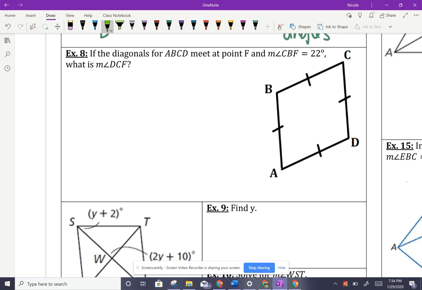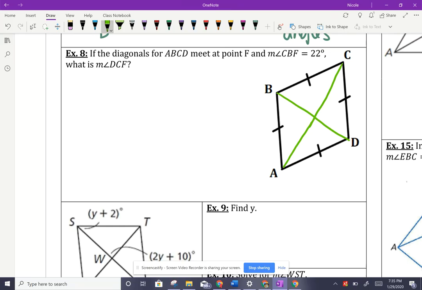So the first one: if the diagonals for ABCD meet at point F. So I need to add some diagonals here. It's hard drawing straight lines, guys. Just do the best you can.